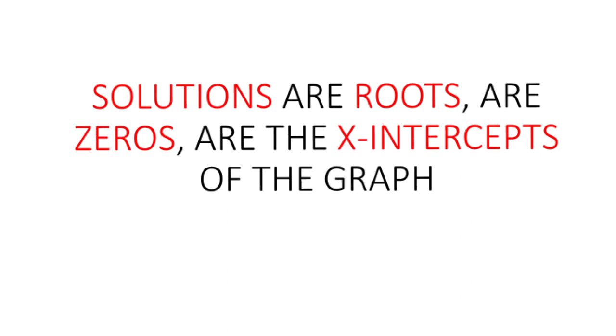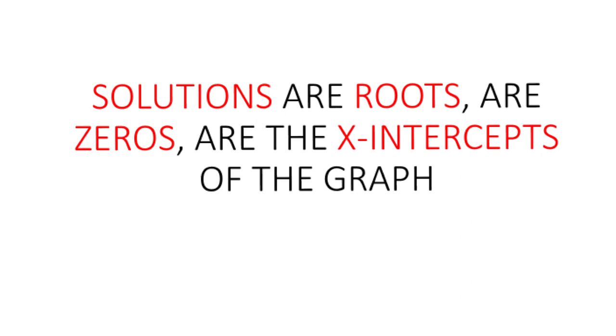You may be given a problem and it asks you to find the solution. That means you're going to type it into Desmos and see where it crosses the x-axis. It may say find the root, or find the zeros, or ask what the x-intercepts are.